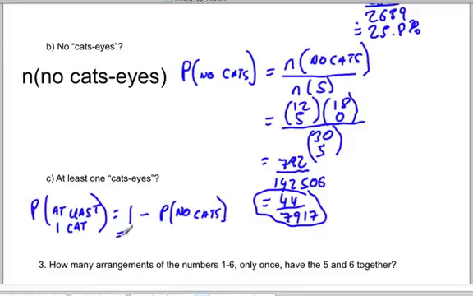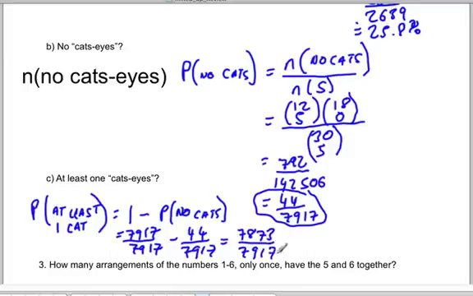So this will be 7,917 over 7,917, subtract 44 over 7,917, and we get 7,873 over 7,917.